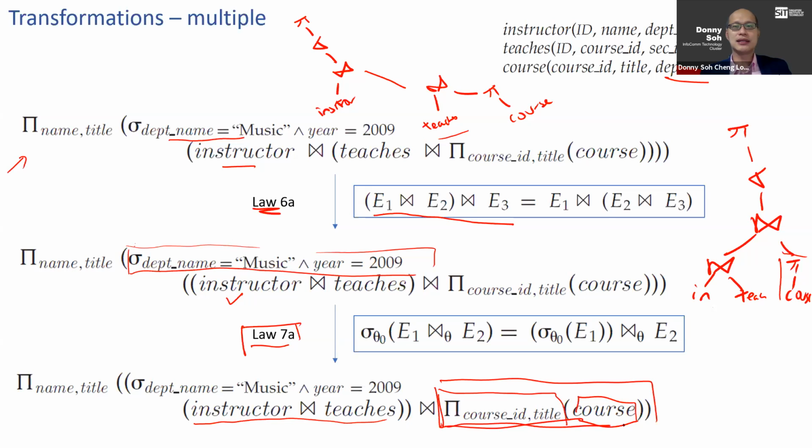So it does not affect this part of the expression. Can you all see this? Because it will not affect this, that's why I will be able to push my sigma down one level to have this.